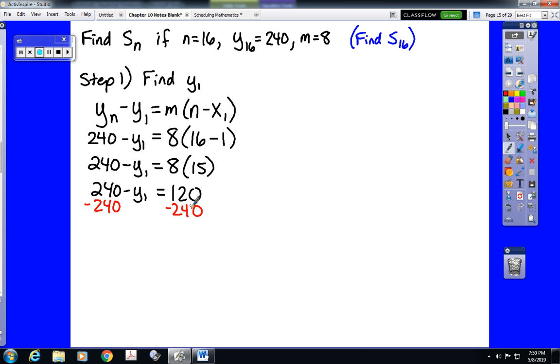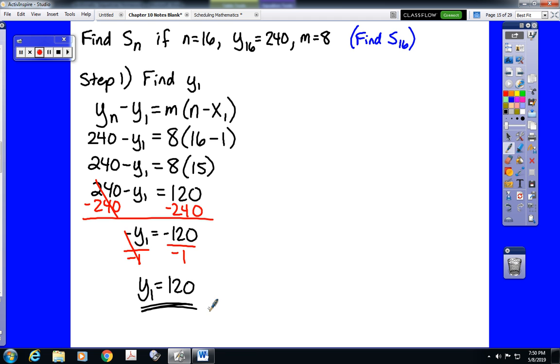Our first step is to subtract 240 from each side, but we need to be extremely careful not to lose this negative. That gives us that negative y1 is negative 120, and then to get rid of the negative, we would divide each side by negative 1, which tells us that the first term in the sequence, the first number that we are adding, is 120.